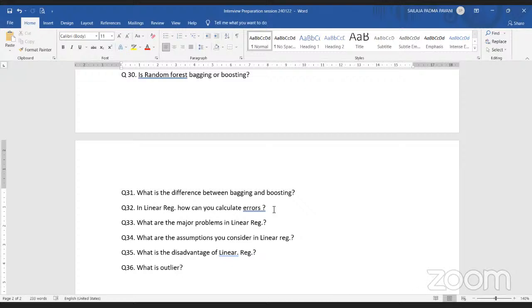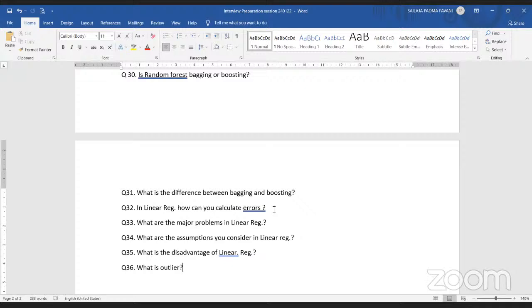Why? Because any value which has a very large magnitude compared to other observations, which is also called the residual, is an outlier. How can you say that is a large value?